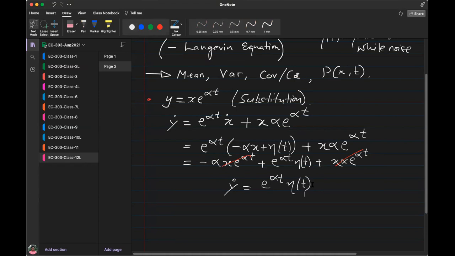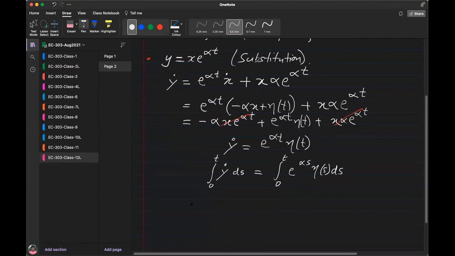Is everyone with me so far? What is good about this equation is that the left hand side depends on y, and the right hand side depends only on time. So we can just do a simple integration now. Let's integrate both sides from 0 to t. On the left, the integral of y dot ds, and on the right, the integral from 0 to t of e power alpha s eta s ds, where I'm calling the dummy variable s instead of t.